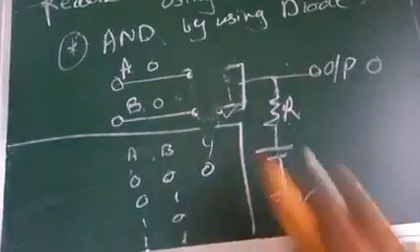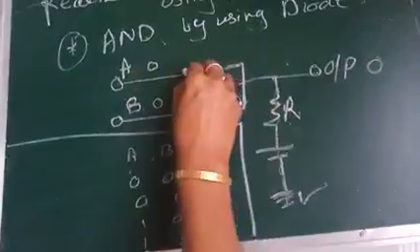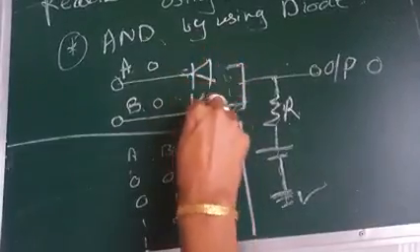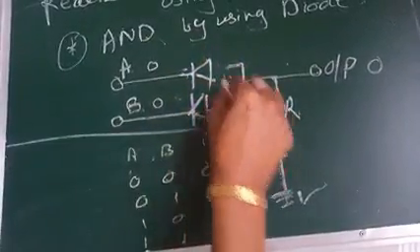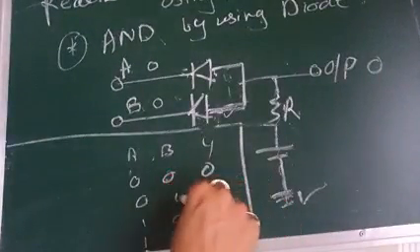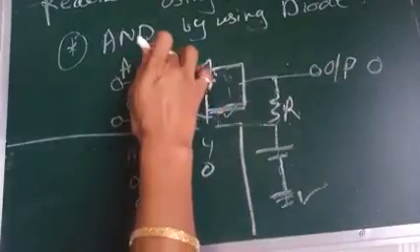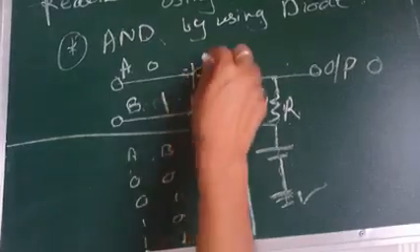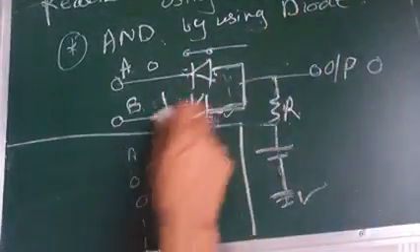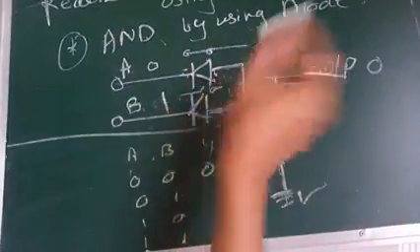Similarly, you have to consider the next state, and for that I am drawing the diode symbol here again in that manner. Again the anodes are shorted. Let us consider the second condition, that is 0 1. That means A is 0, B is 1. A is 0, so that diode functions as a closed switch, and B is 1, so it functions as an open switch.